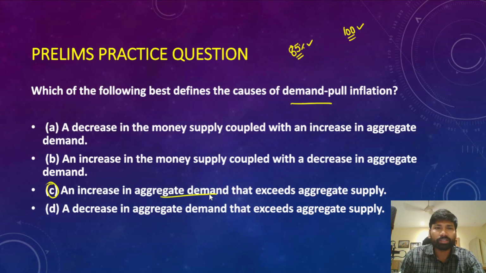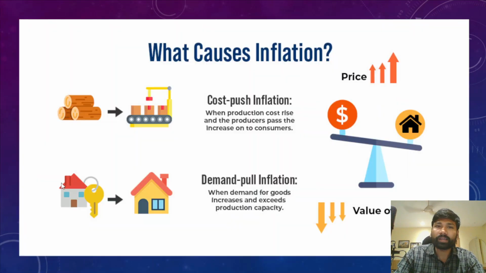All these projects would increase the aggregate demand in any economy. But demand has been increasing while the supply of goods is not increasing. Supply remains the same, but demand has been constantly increasing, and that creates demand pull inflation. Right? So here there were brief definitions for both cost push inflation and demand pull inflation.